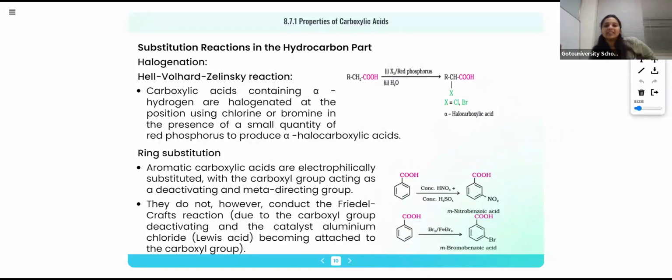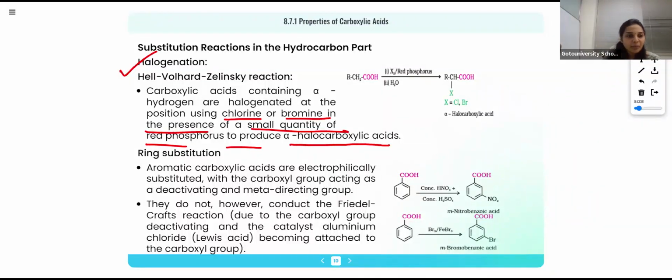Next one is an important name reaction, the Hell-Volhard-Zelinsky reaction. This is a halogenation reaction. Carboxylic acids containing an alpha hydrogen are halogenated at the alpha position using chlorine or bromine in the presence of a small quantity of red phosphorus to produce an alpha-halocarboxylic acid.